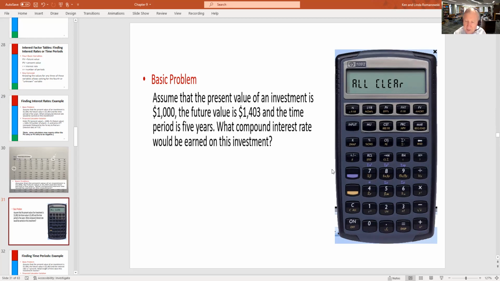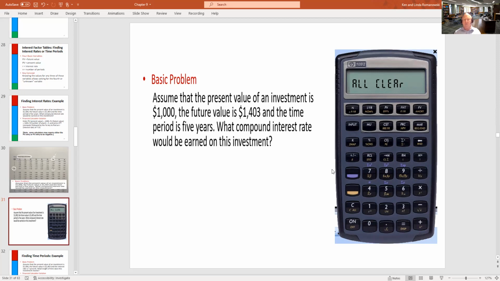So if we enter 1,000, hit the negative key, and then hit the PV key for the present value. We do know the future value. The future value is typically going to be a positive number when using the calculator.